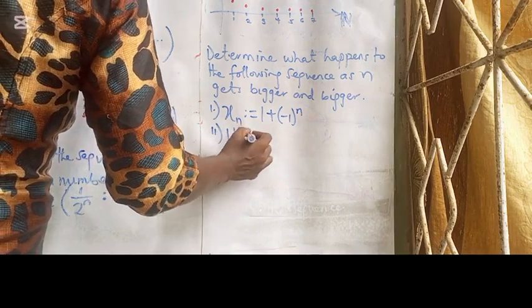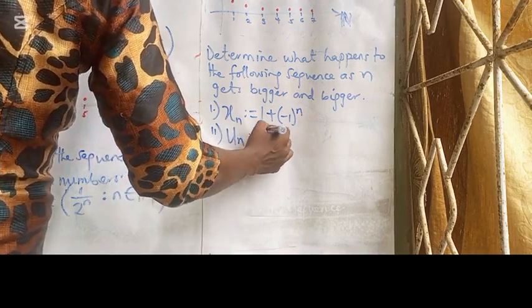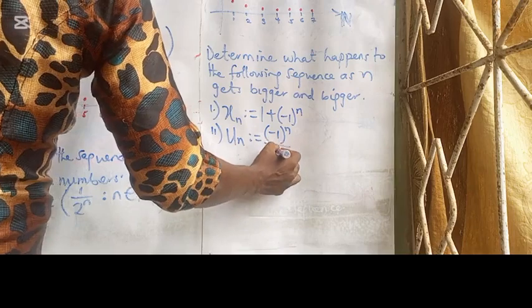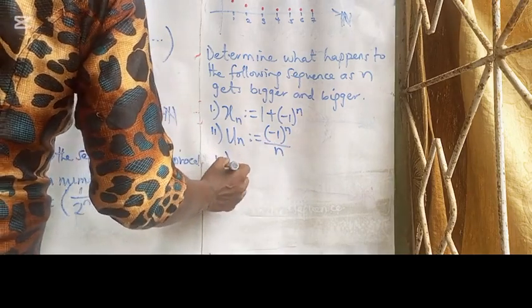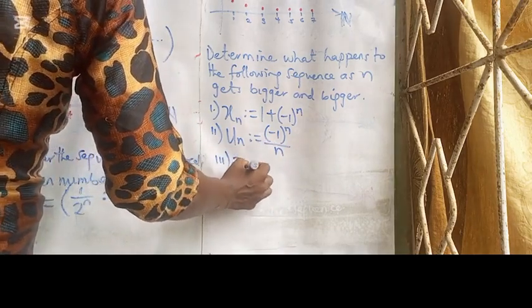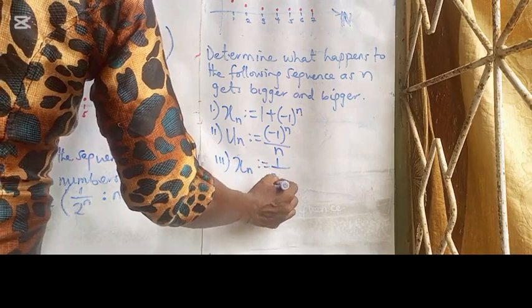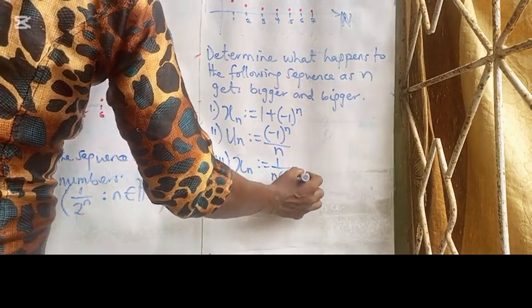The sequence un defined such that minus 1 raised to power n is divided by n. The sequence xn defined such that 1 is divided by n into n plus 1.